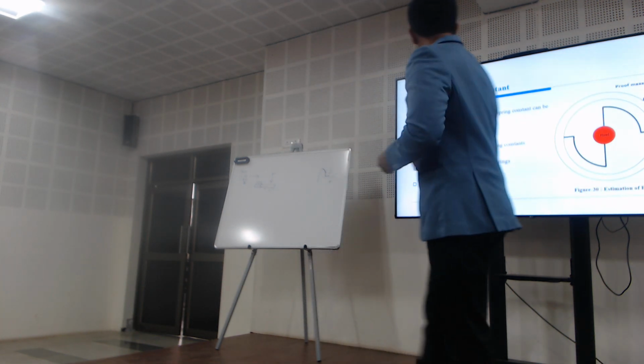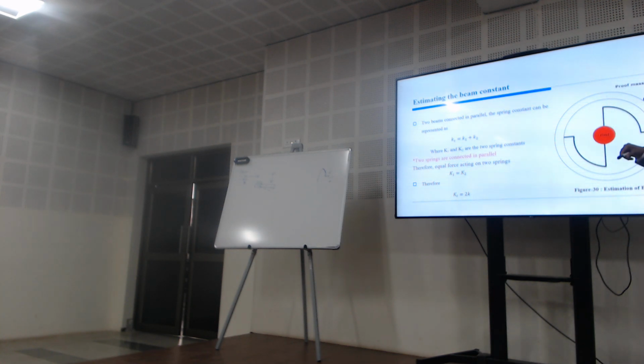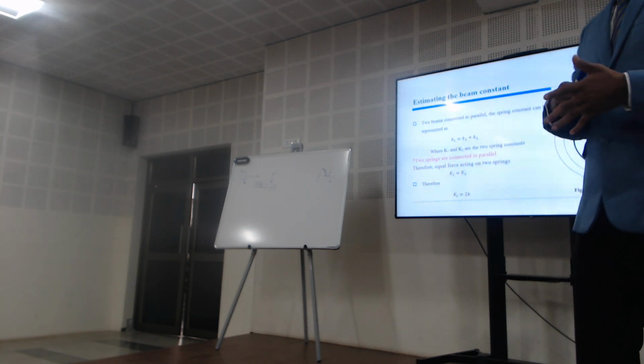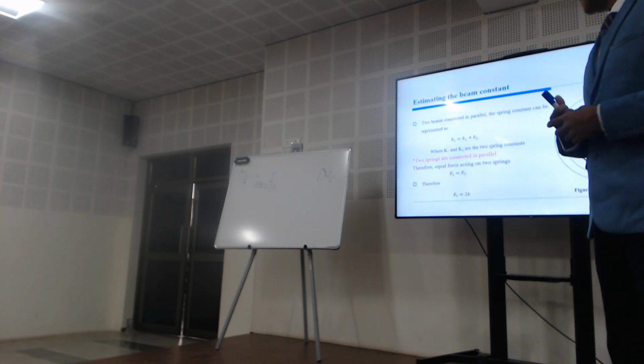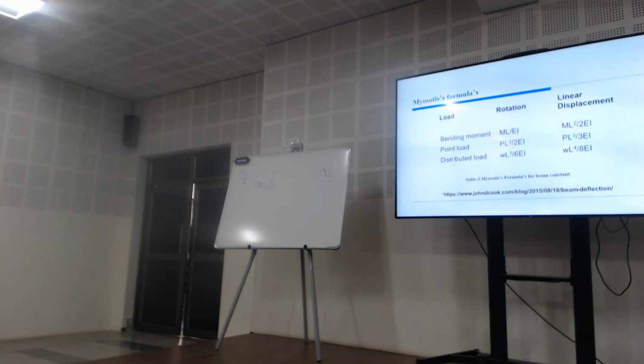Here we connected them parallelly, so our total spring constant is K1 plus K2, and finally we get the spring constant value K. That is, the total spring constant is 2K.